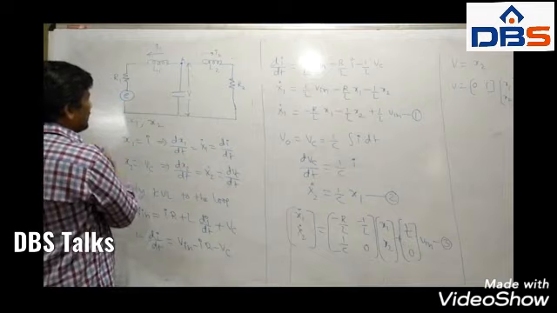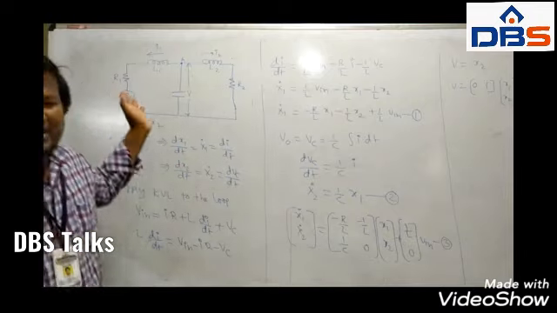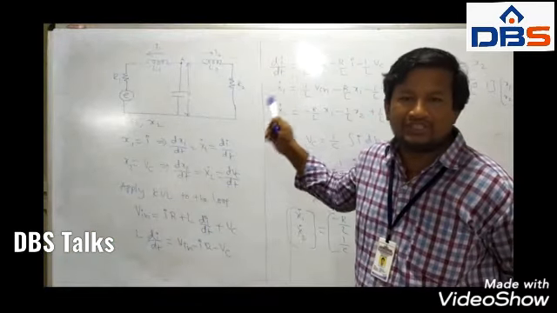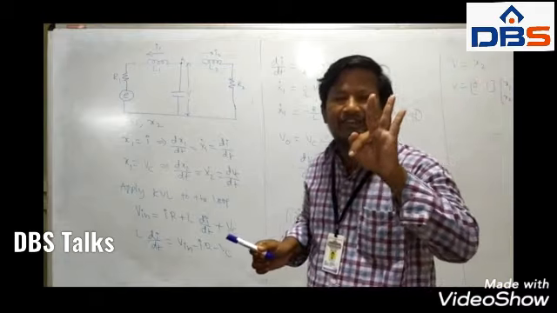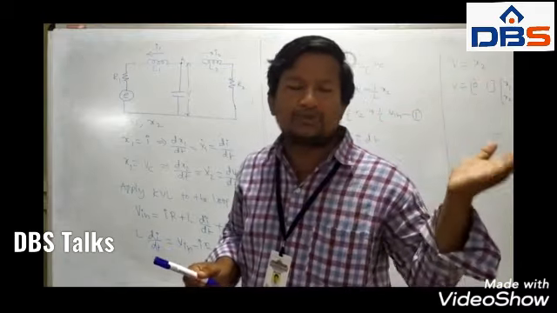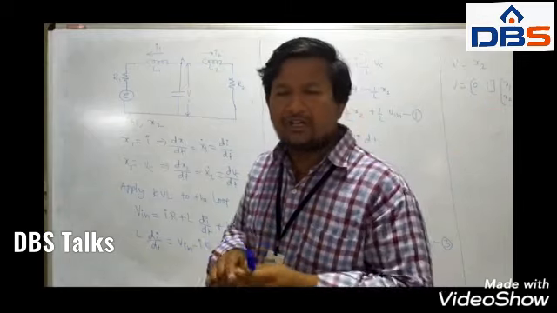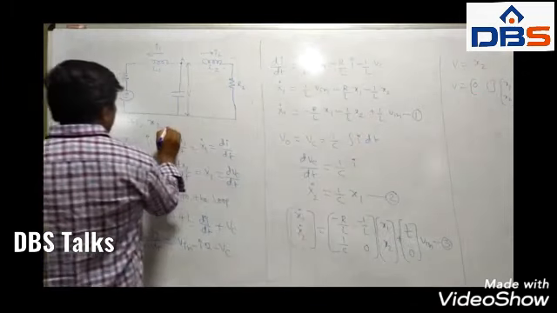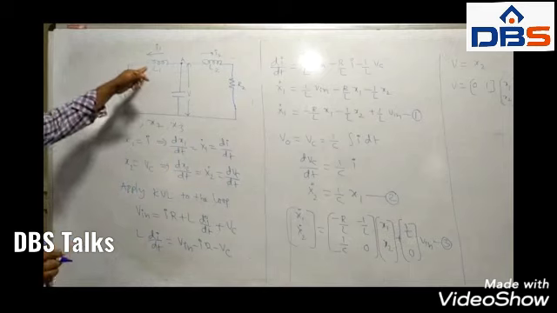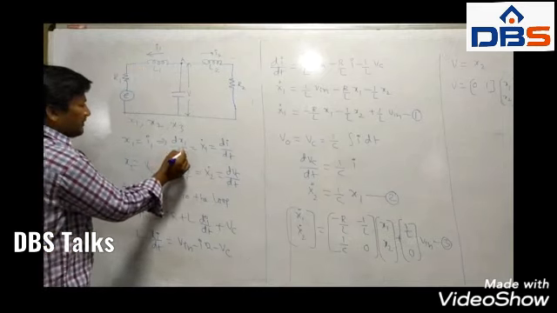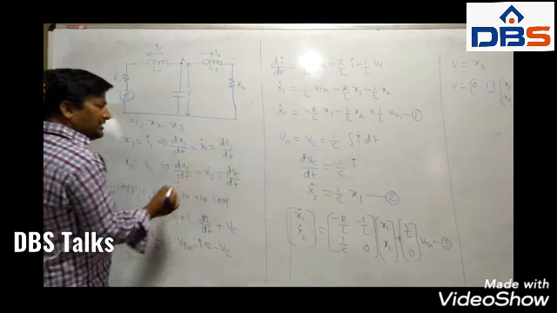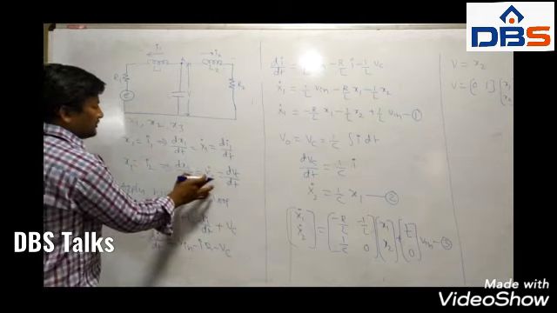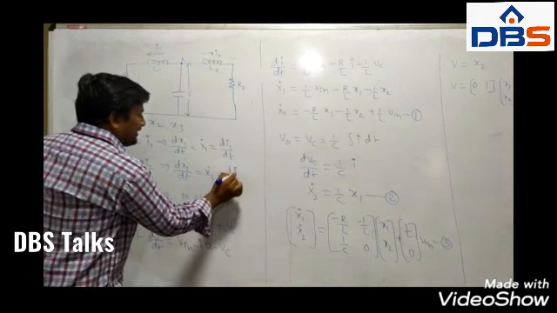As usual, we observe the given electrical circuit. Three storage elements are there: L1, L2, C. That's why we need three state variables x1, x2, x3, whereas in the last problem two state variables were there, so we used x1, x2. Now x1 is the current through the inductor, I1, so x1 dot equals di1 by dt. x2 is I2, so x2 dot equals di2 by dt.